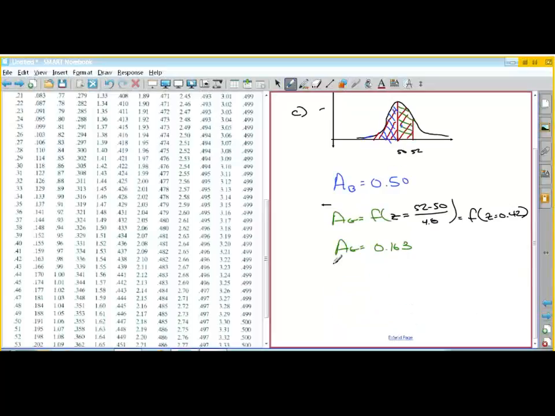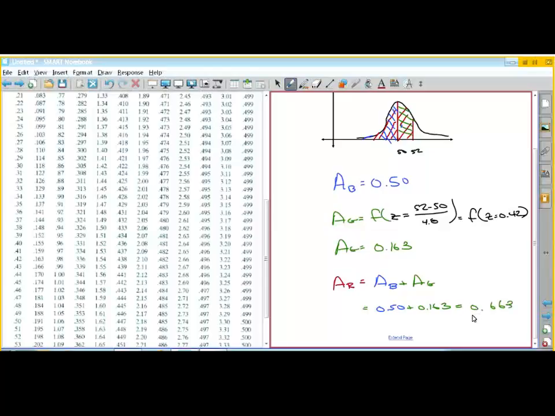And so our total area, our red area, which is the entire area, is going to be equal to the blue area plus the green area. The blue area is a half, 0.5, and the green area is 0.163.